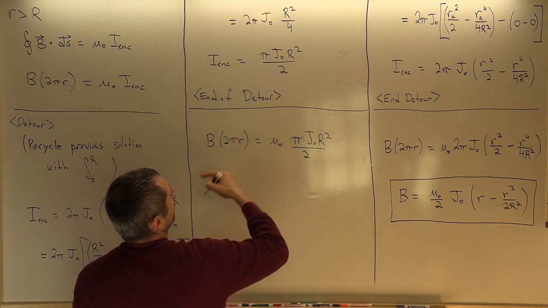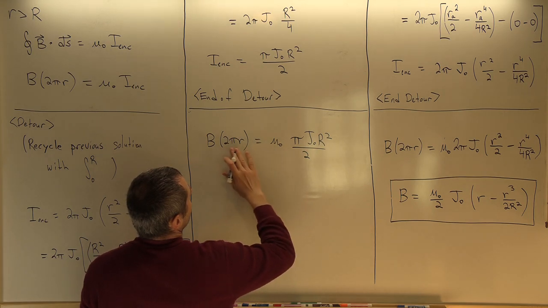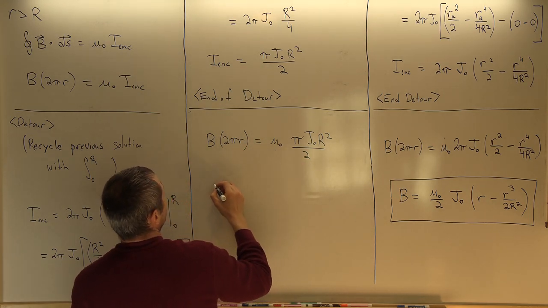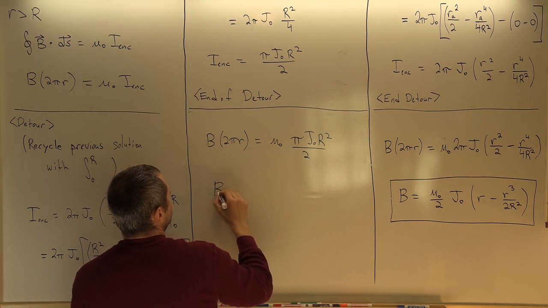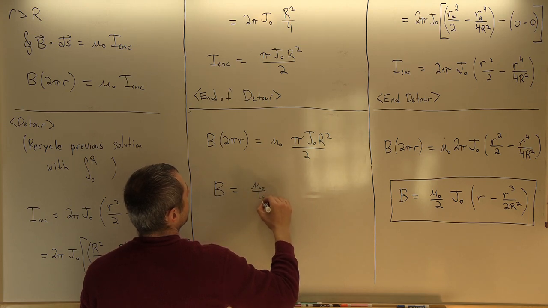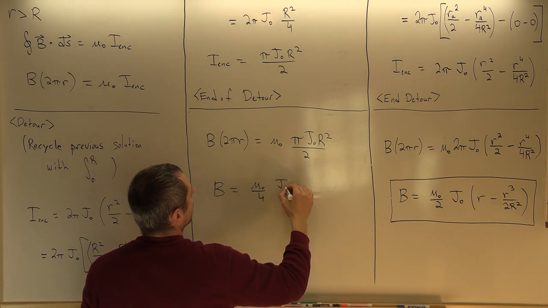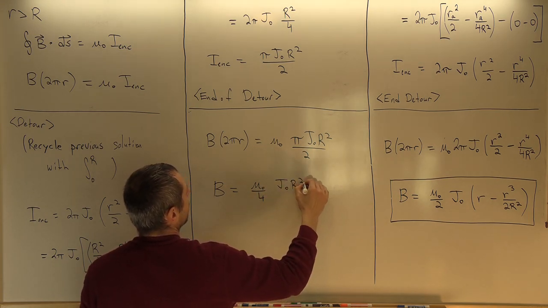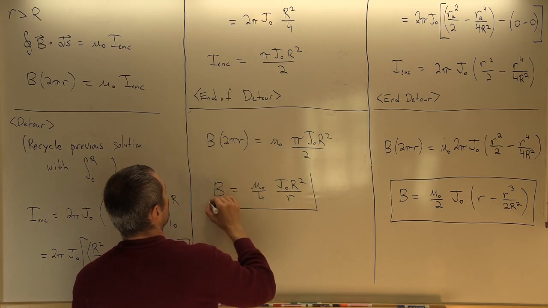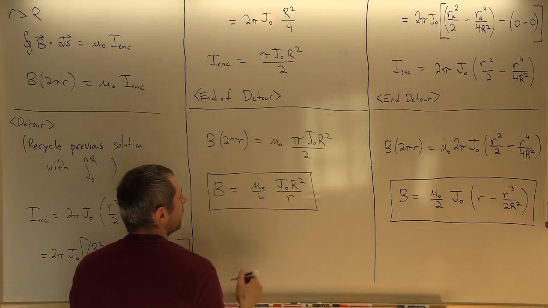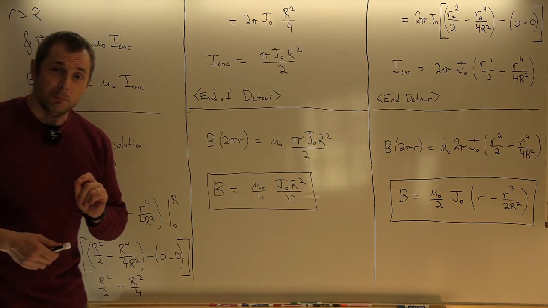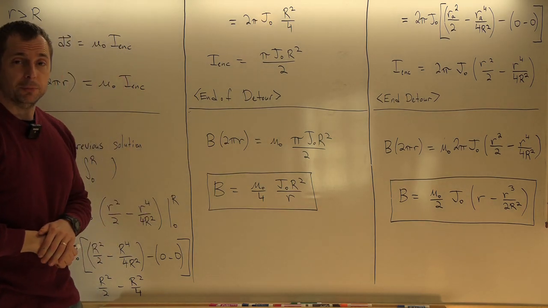So the pi's go away, and then I can have the 2 divided by the 1/2 divided by 2, which puts 4 in the denominator, and I get the magnetic field as mu 0. Okay, so let me create a pause to give you a chance to catch up if you need it.